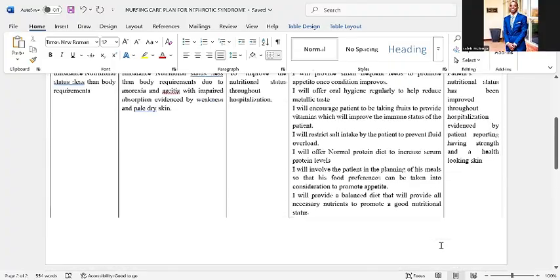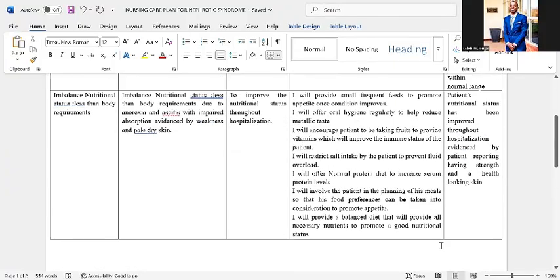Our second problem is imbalanced nutritional status, less than body requirements. Where is this coming from? It is because there's anorexia in this patient, and also impaired absorption, which can be due to ascites.